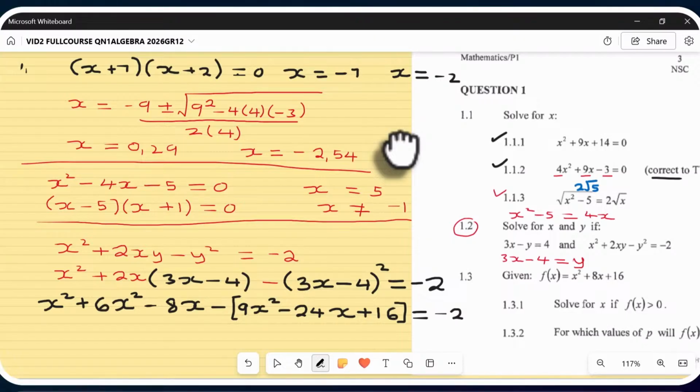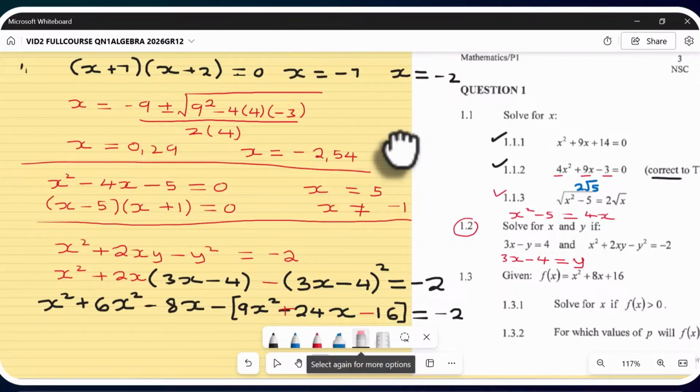So plus 16x, and then the negative 16 plus 2 gives us minus 14. Minus 14 equals to 0.